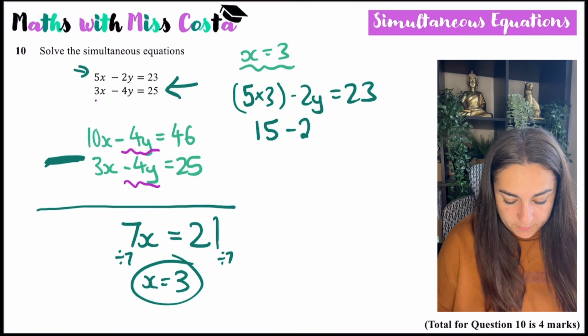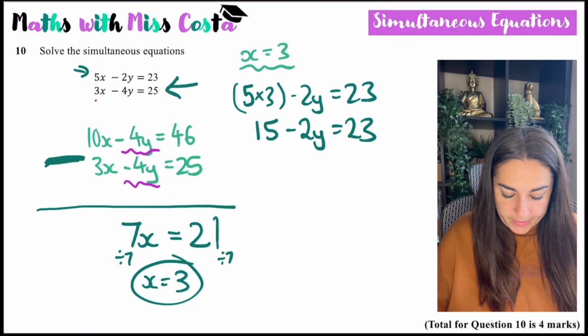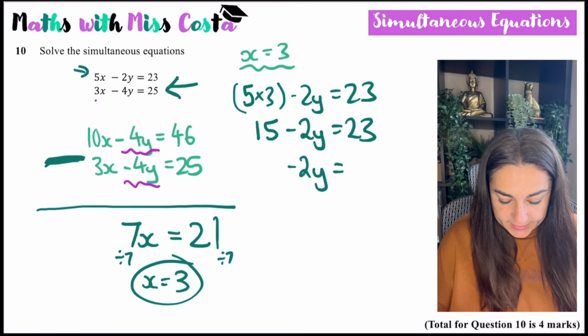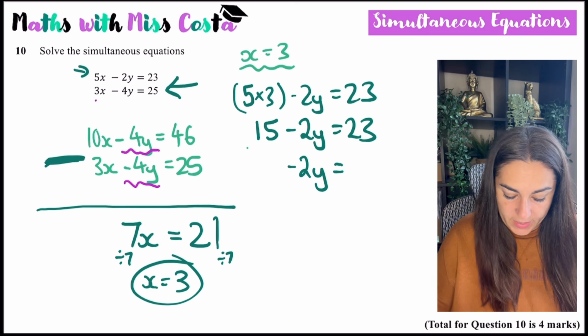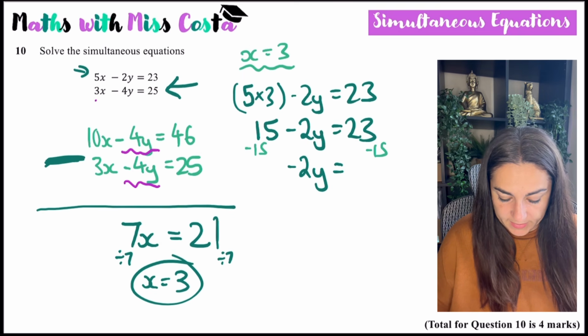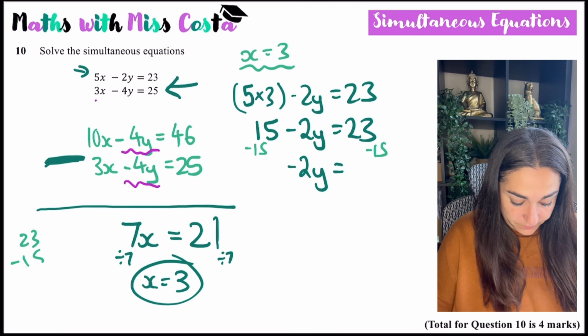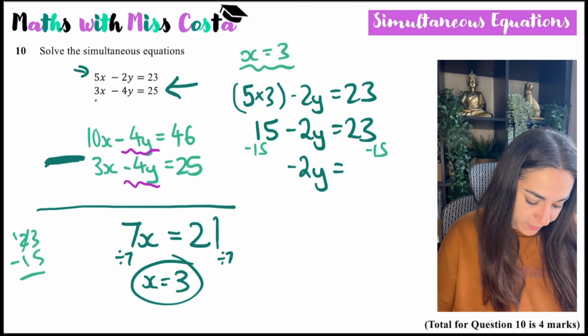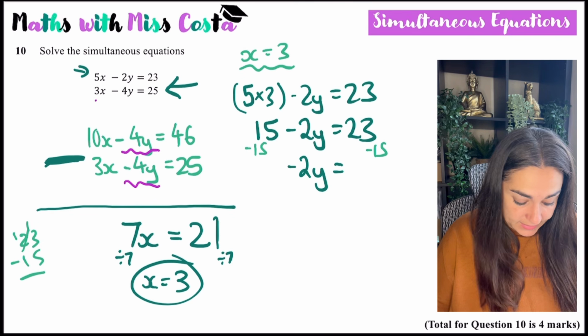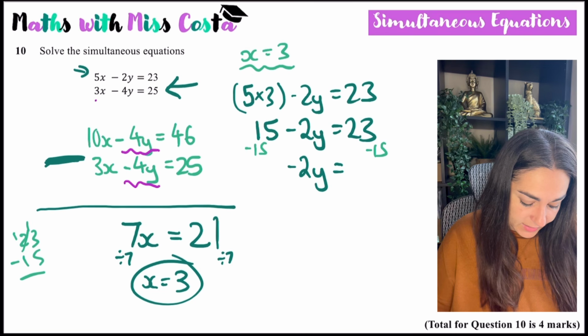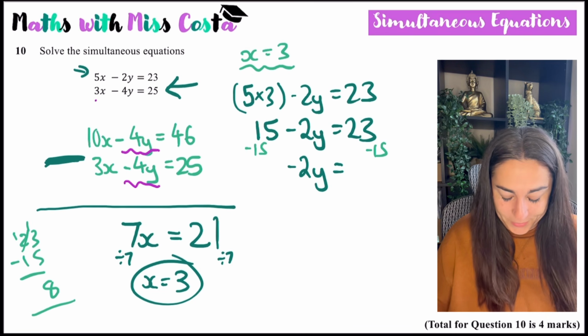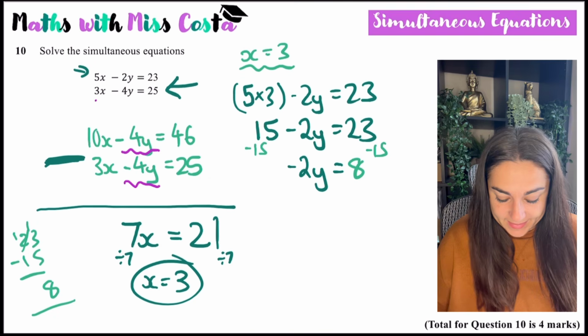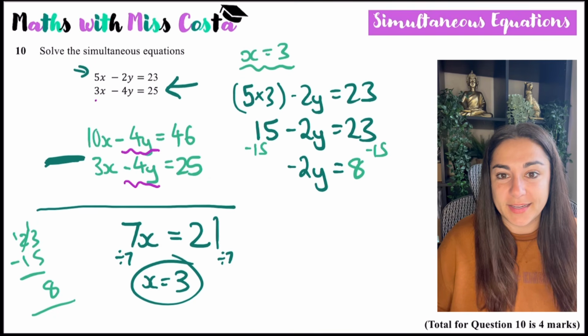So 15 minus 2y equals 23. So minus 2y is going to be, I'm going to have to subtract 15 from both sides. So 23 take 15 is 3 take away 5, you can't do. 13 take away 5 is 8. So 23 take away 15 is 8. So minus 2y is 8.